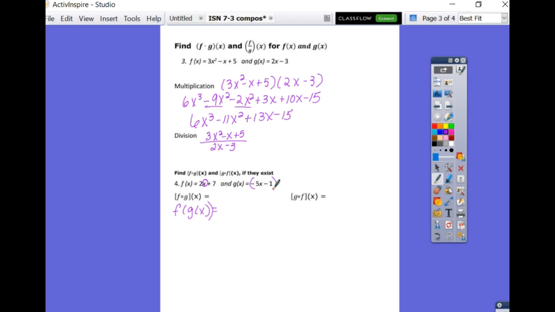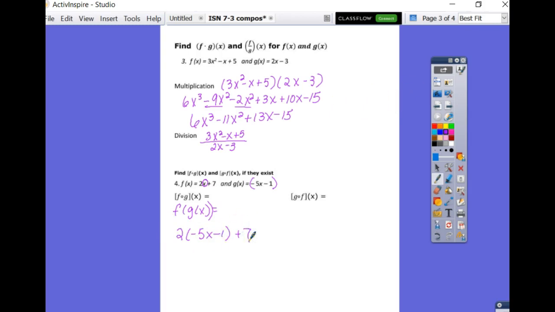So listen to that again. Do you see how this is written? The f is on the outside. So I'm going to take my g function, this one right here. This is your x now. You see how it's in the parentheses? I'm going to take this, and where I see an x over here, I'm just going to replace it. So I'm going to take 2 times -5x minus 1 plus 7.